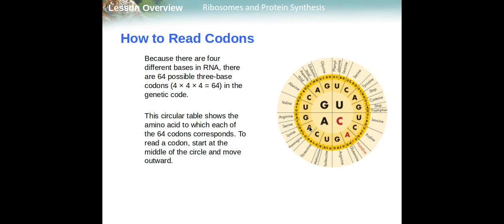So A, and then the last one was A. That would be lysine, the amino acid that would be coded for. We'll say GCU. Here's G, C, and then U. So that would be alanine. CCA, C, C, A, that would code for proline.